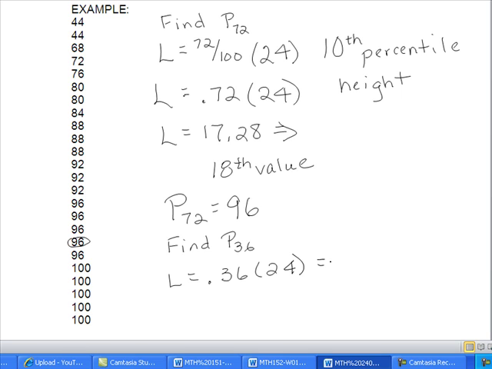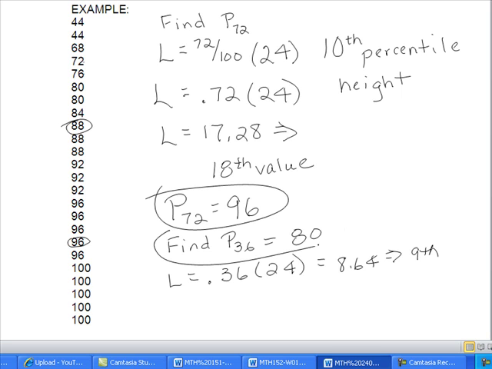That means we go to the 9th value in the list. 1, 2, 3, 4, 5, 6, 7, 8, 9. Okay, so that one, the answer is 80.